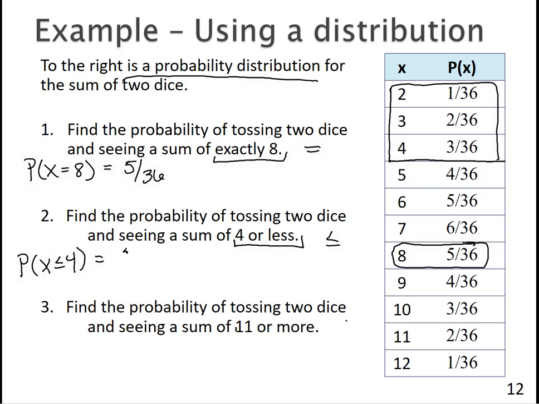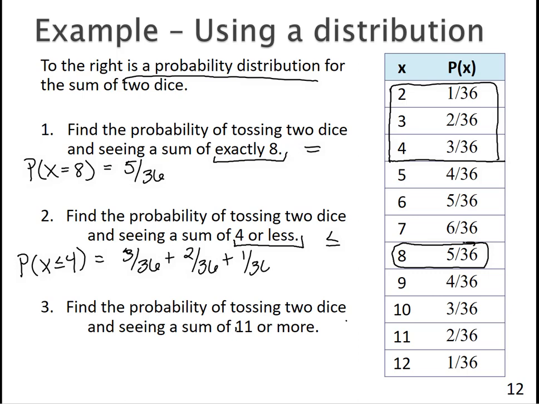To find the probability that x is less than or equal to 4, I'm going to add up P of 4, P of 3, and P of 2. I look to the P of x column for each of those, and I see P of 4 is 3/36, P of 3 is 2/36, and P of 2 is 1/36.